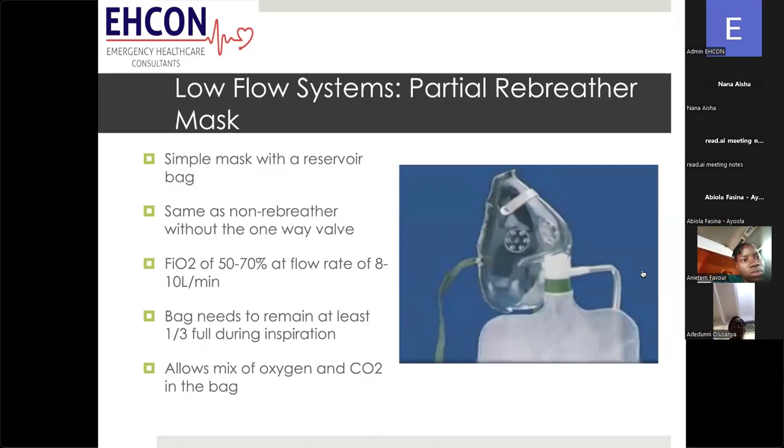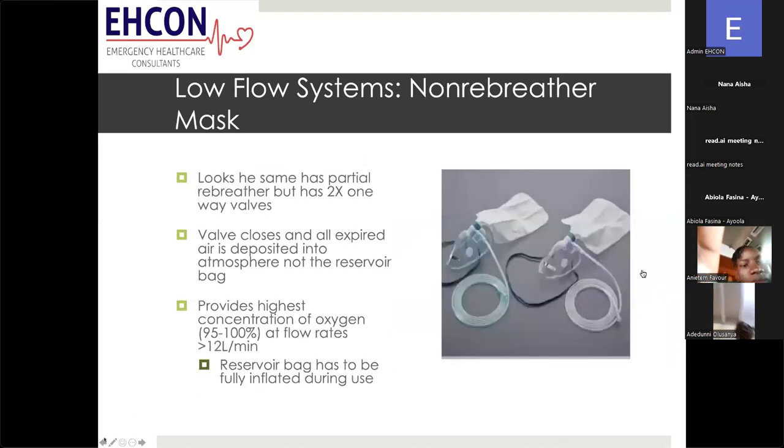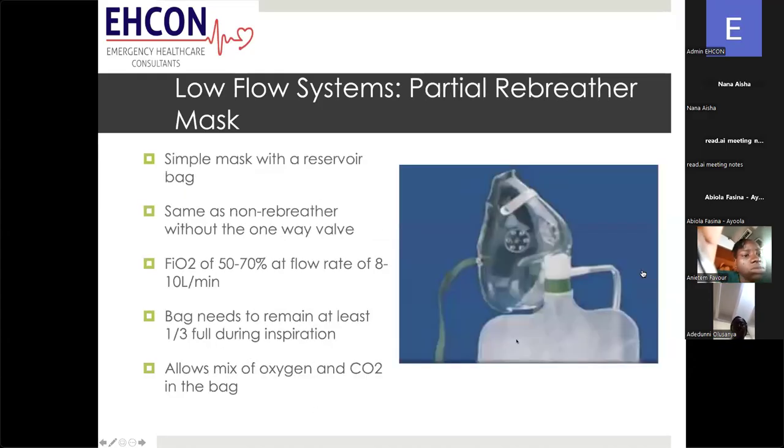This is a partial rebreather because, number one, when the patient exhales, part of that CO2 and all of those exhaled gases actually go into this reservoir. And then the patient is also pulling oxygen. So the reservoir actually has a mixture of exhaled gases and oxygen. And a little bit of the patient's dead space ventilation is actually also going into that reservoir bag. So the air and the oxygen is not flowing in a one-way fashion from the reservoir to the patient out.